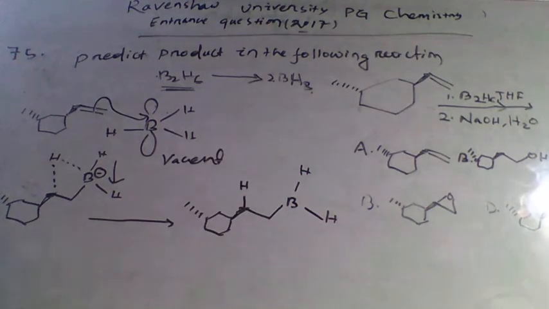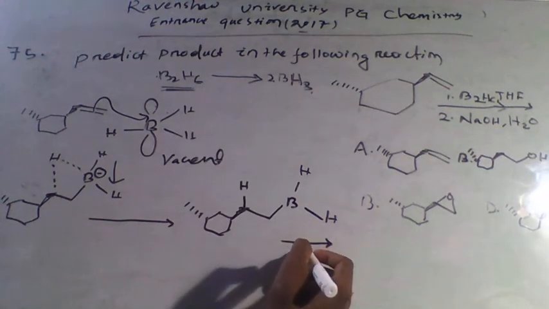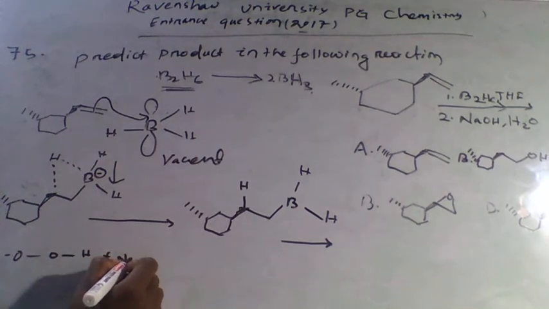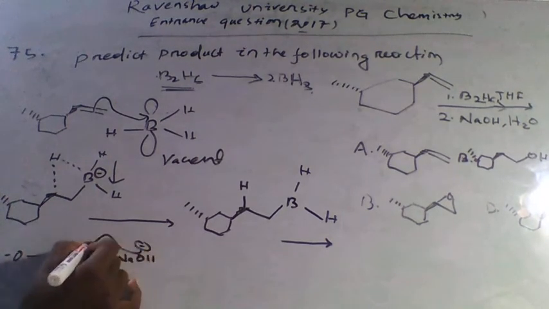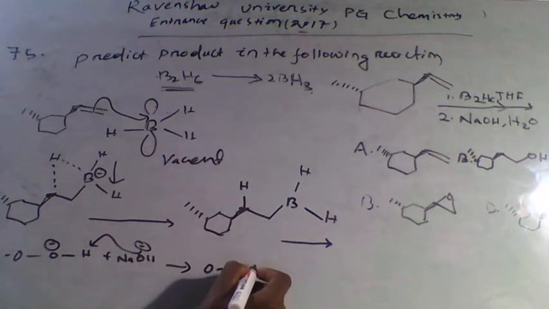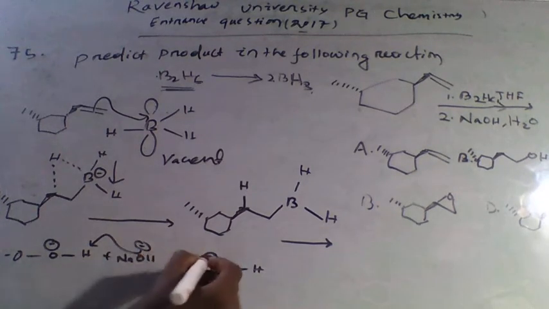Again, when it will treat with hydrogen peroxide and sodium hydroxide, what will happen, I will show you here. This hydrogen peroxide has a proton. When it is treated with sodium hydroxide, this base will abstract the proton, and this will get a negative charge, and we will get this ion.